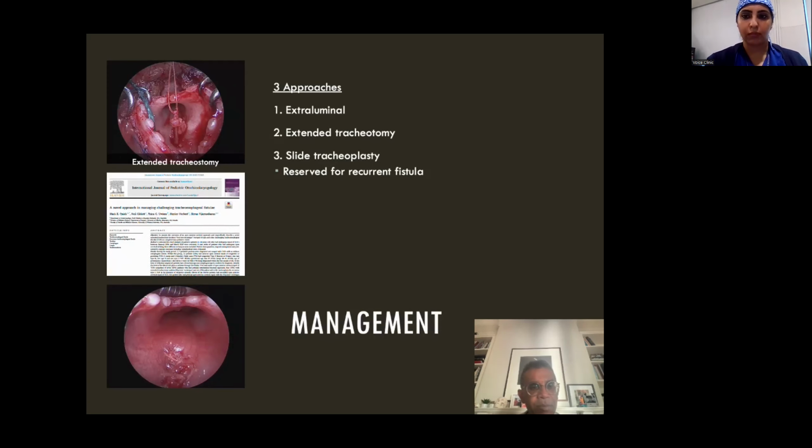So instead we pioneered this approach of an extended tracheotomy, where an anterior tracheal incision is made and the fistula is approached directly, as is seen in these images, and subsequently identified, transected, the esophagus closed, and then the posterior wall of the trachea is closed directly, and the anterior wall of the trachea subsequently closed directly.